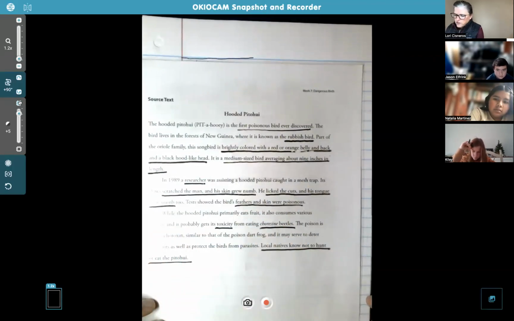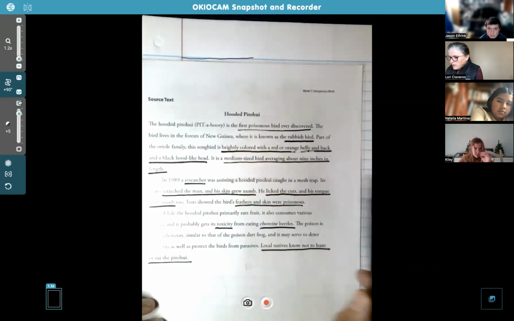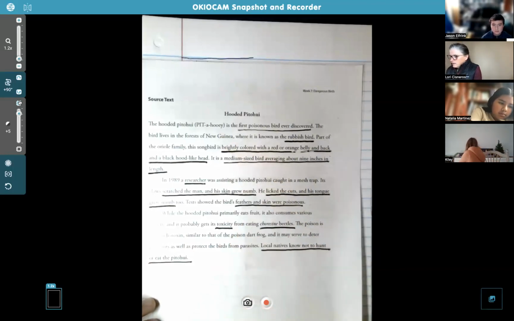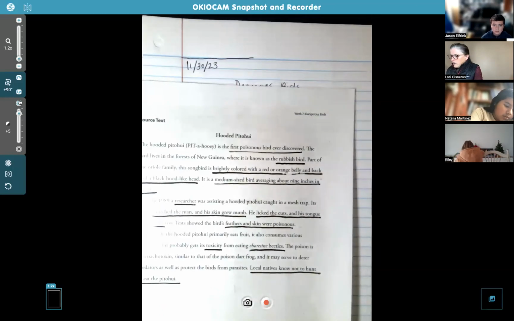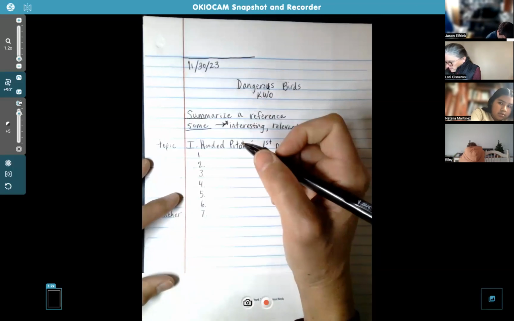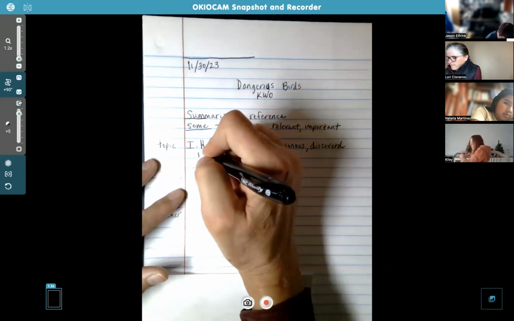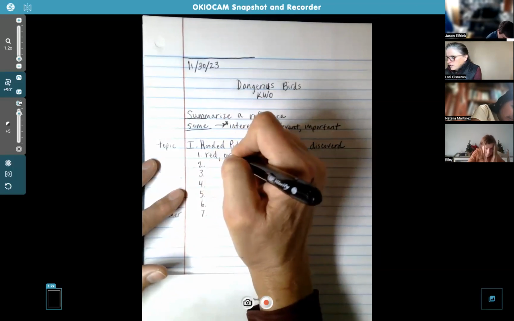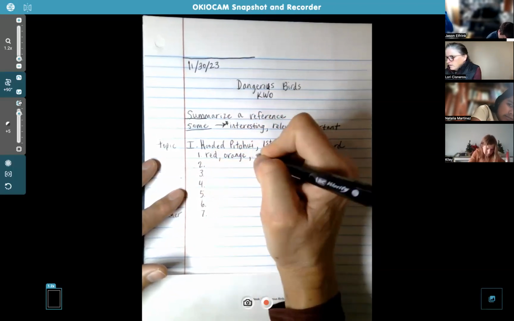That's a lot of information for 1 line. So I'm going to split that up between 2, and that's okay. We can talk about his brightly red or orange belly. So I'm going to put red, orange belly.